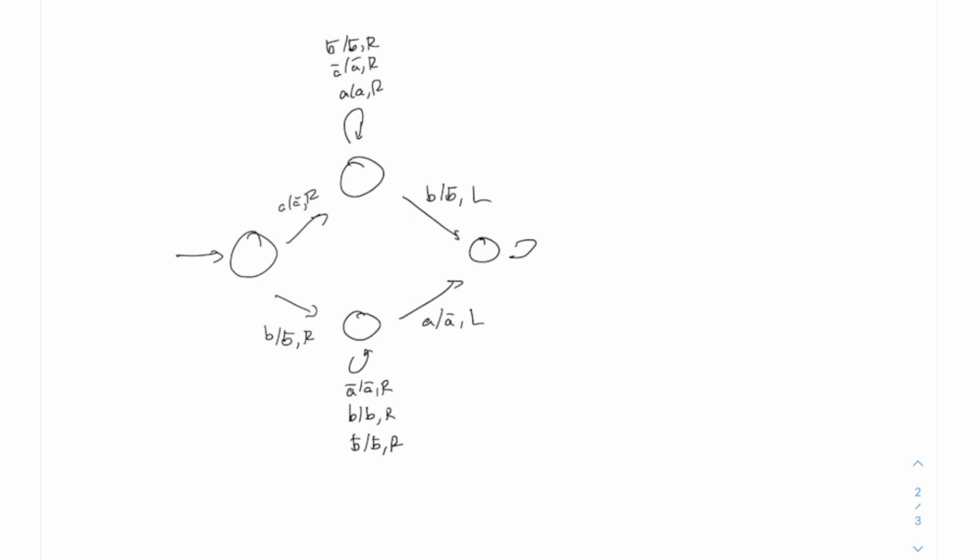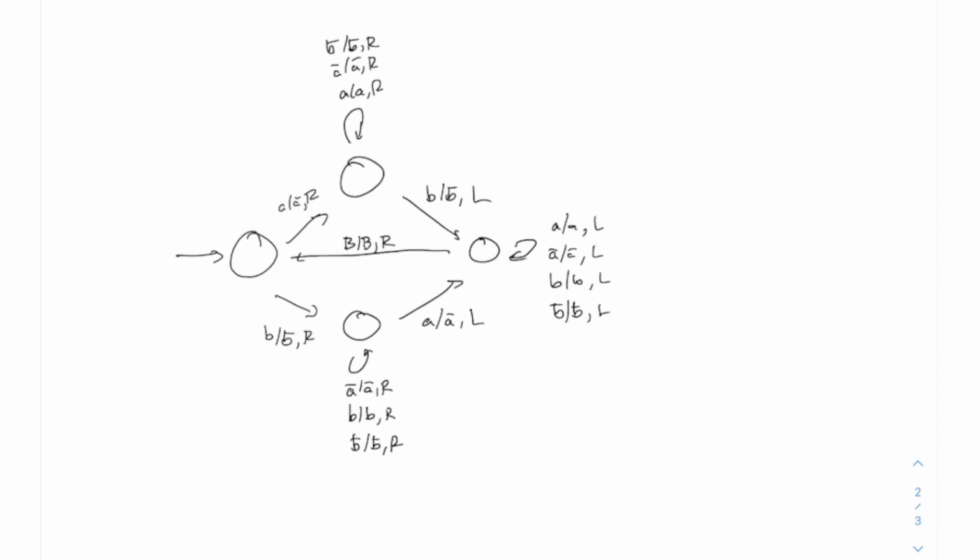So I'm going to go left through everything: A, L, A bar, L, B, L, B bar, L. And then eventually we get to a blank, and that's when we go back to the beginning.